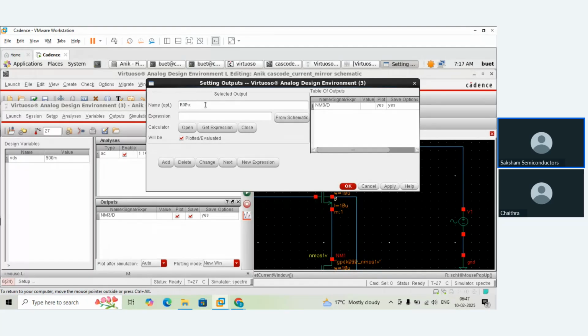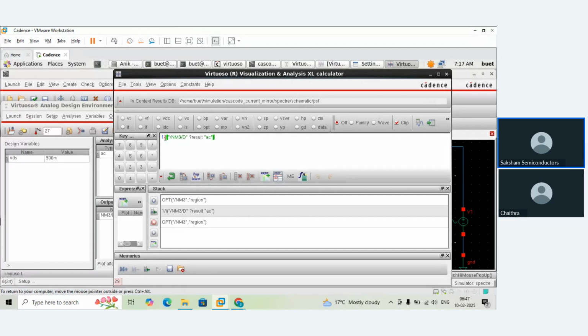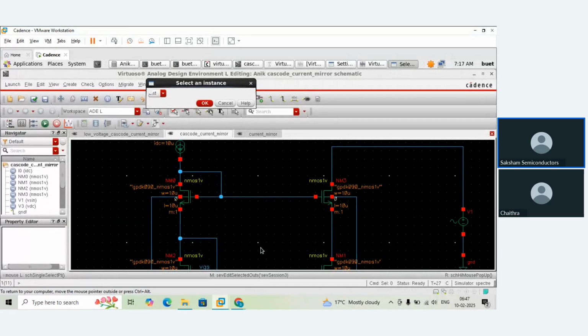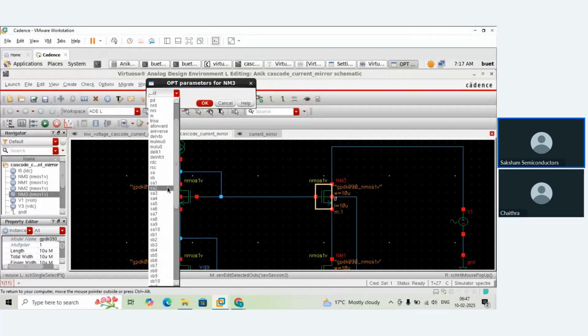I name the expression and click on it. I'll open the calculator once again and clear it. There is an OPT option here. The moment you click on this, it redirects you to the schematic window, and you need to select the MOSFET for which we are going to find the region of operation. Then come down and search for region.